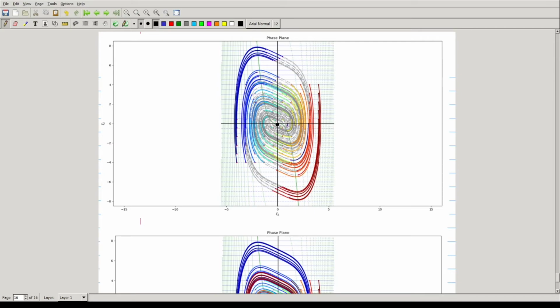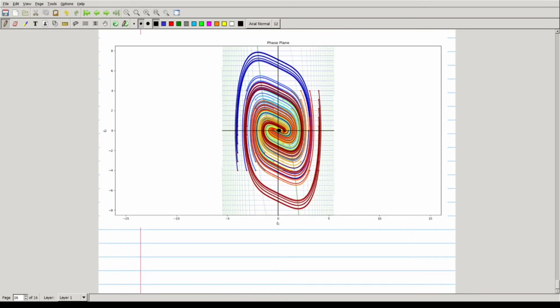And just like you might expect, you get more and more complicated behavior in the phase plane, the more complicated you make the model.